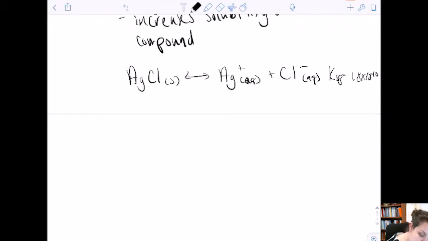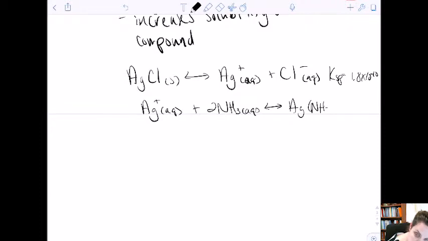However, if we take and add in a Lewis base, such as ammonia, it will form a complex ion with silver. Okay.